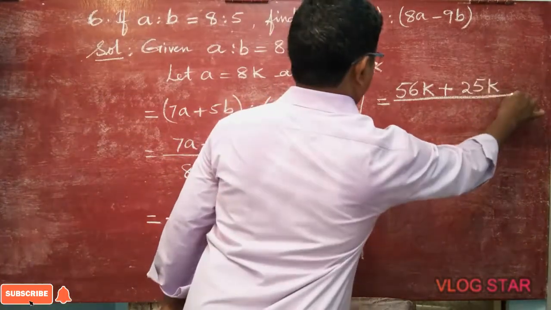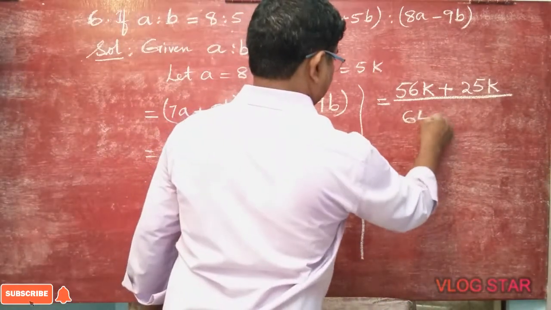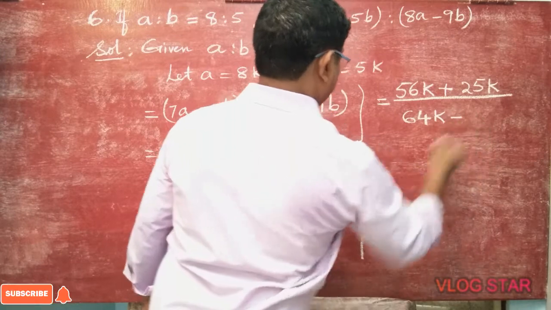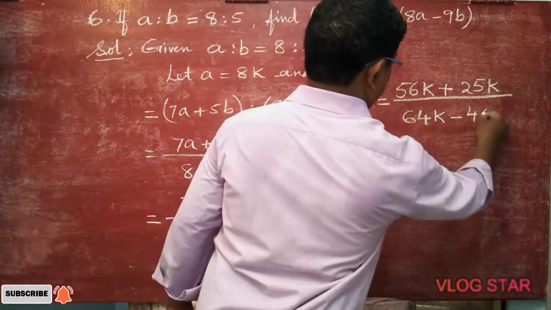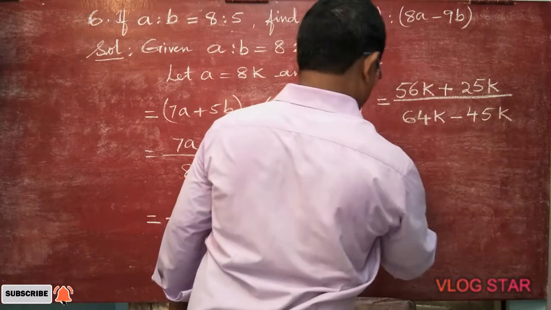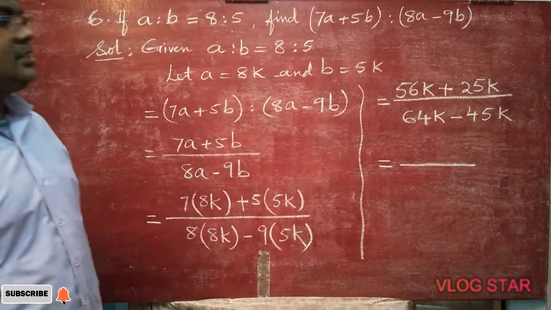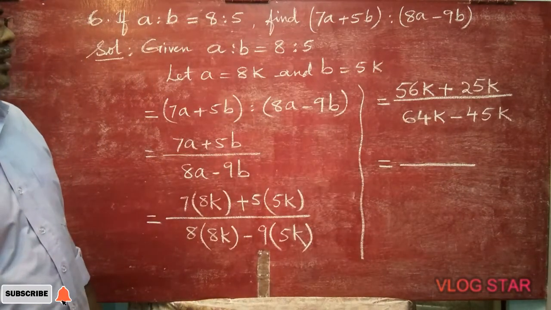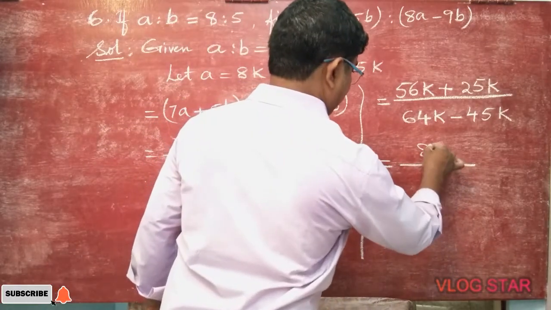Next, 8 8s are 64, 64K minus 9 5s are 45, 45K. Now add 56 plus 25. How much? 81. 81K.